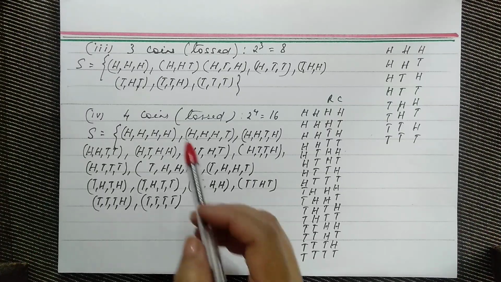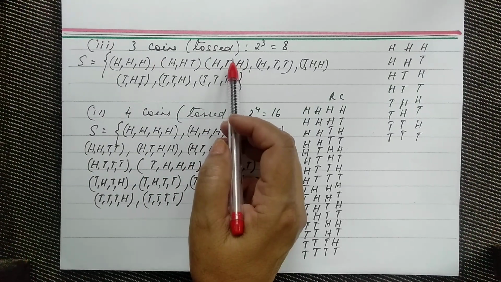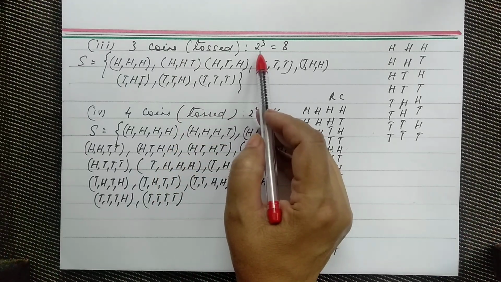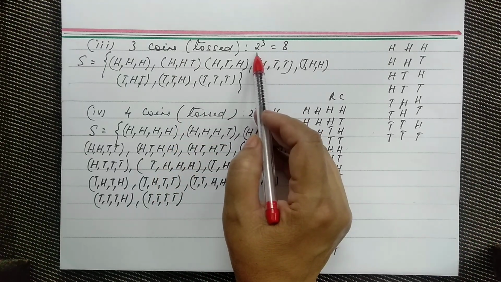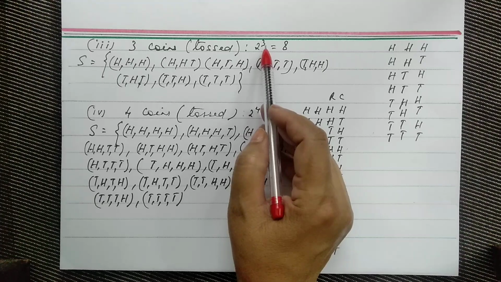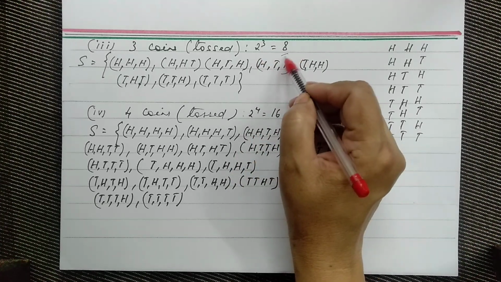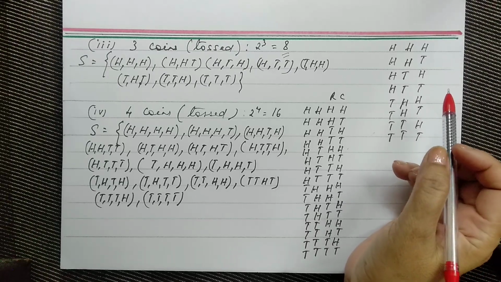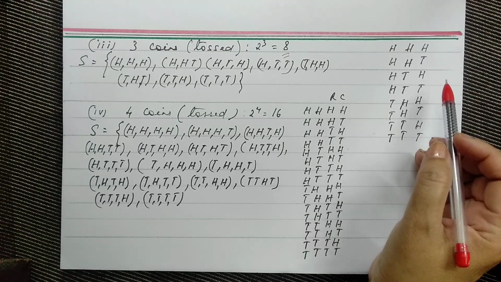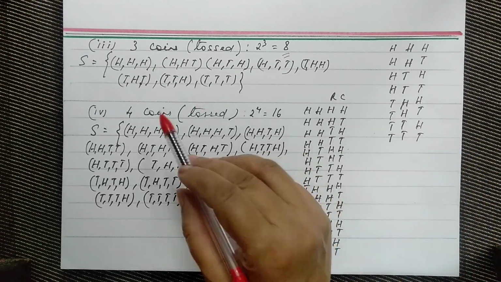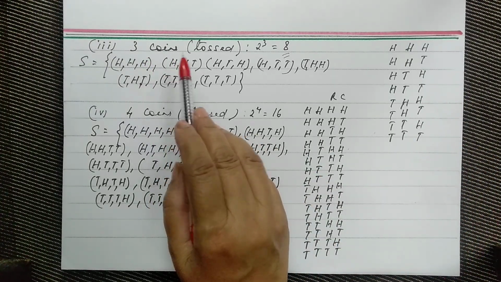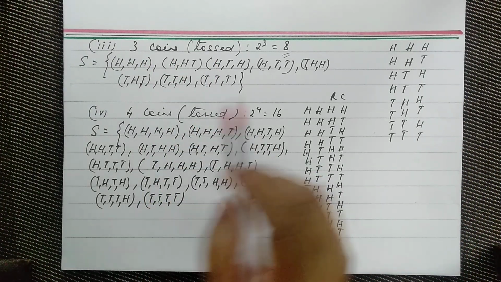As you can see, 3 coins are being tossed. Because there are 3 coins, the exponent of 2 is 3, 2 to the power 3, which means 8 total outcomes we'll get. How? In the same manner we did for the second question, which involved 2 coins tossed simultaneously.